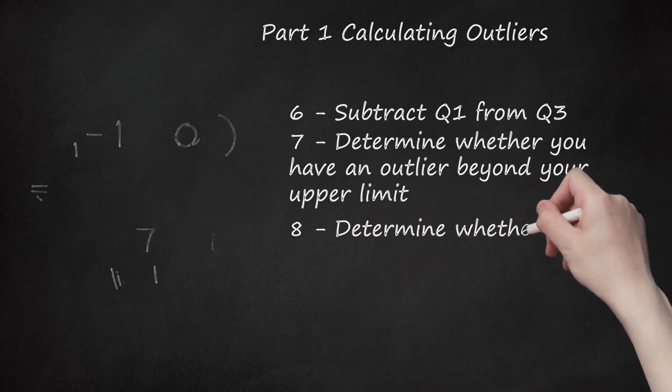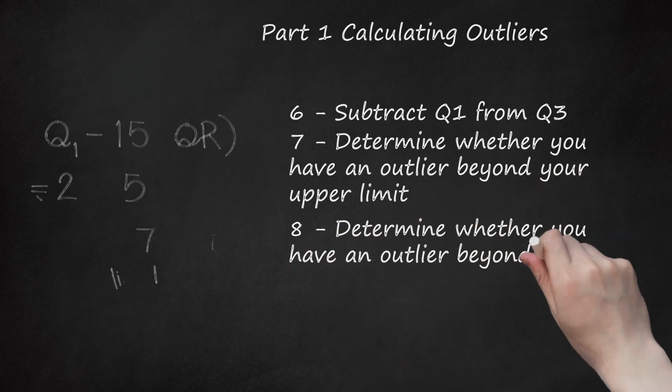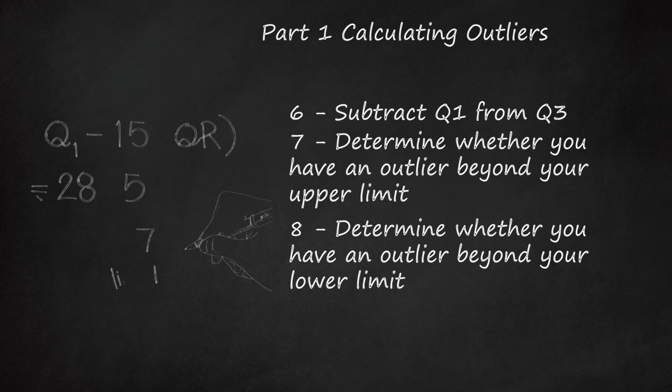8. Determine whether you have an outlier beyond your lower limit. The process is similar to finding outliers beyond the upper limit, but the formula is a little different. Q1 minus 1.5 IQR. 32.5 minus 1.5 times 2.5. 32.5 minus 3.75 equals 28.75. 28.75 is your lower limit.